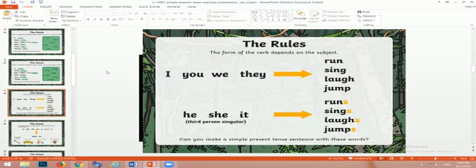So we have these last two pictures. Sam the cinema on Fridays. Go. The verb here ends with O, so we will add ES with the third person, Sam. So Sam goes to the cinema on Fridays.